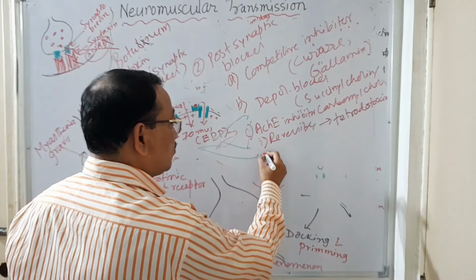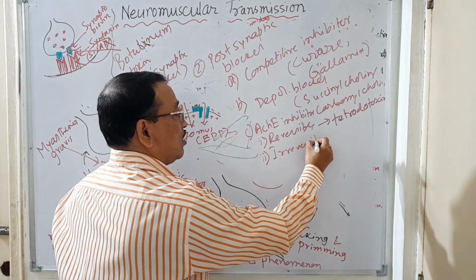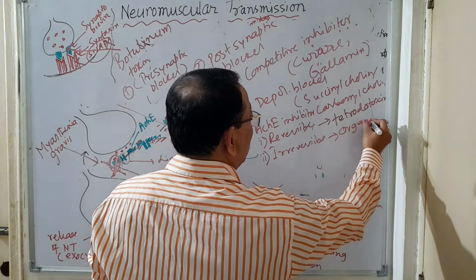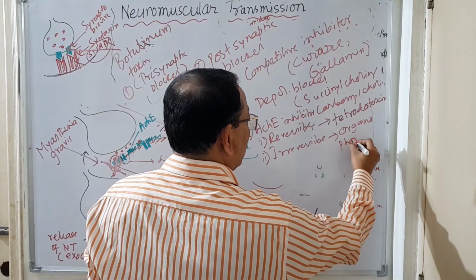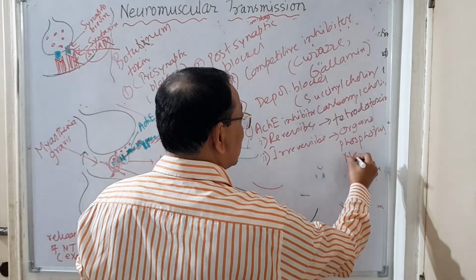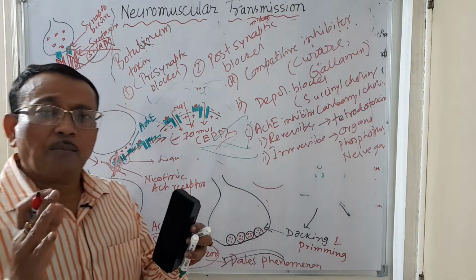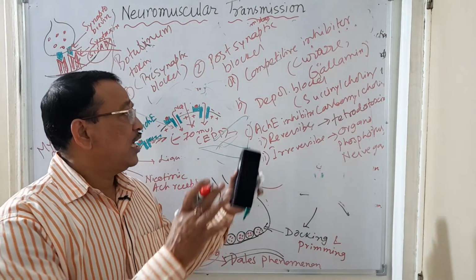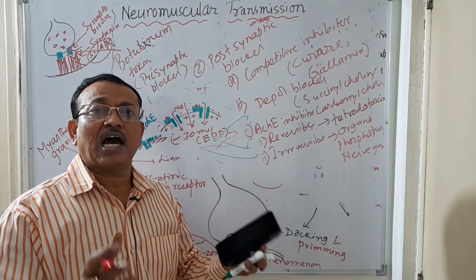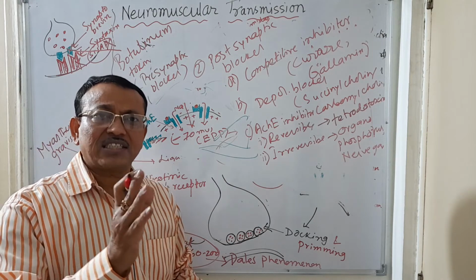And there is another type of blocker that is known as the irreversible. Examples are the organophosphorus compounds, the nerve gas. These are the different chemicals which permanently inhibit the acetylcholinesterase, and thereby ultimately relax the muscles.